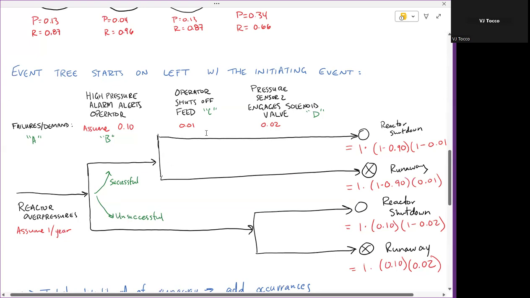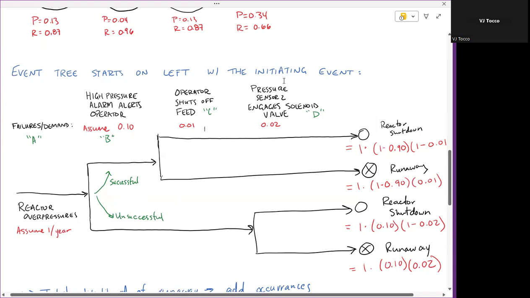So successful is up here, and if that is successful, if the feed is shut off, then the reactor is shut down successfully. If the operator does not shut off the feed, I have an unsuccessful branch, and that is going to lead to a runaway reaction and an explosion. The other branch to the logic is unsuccessful, a high pressure alarm alerting the operator.